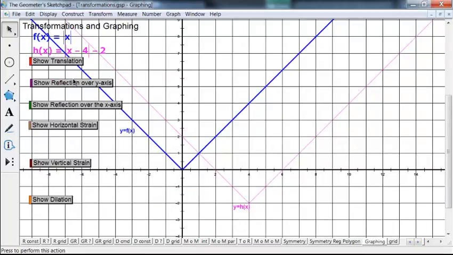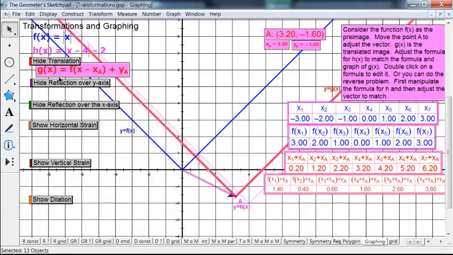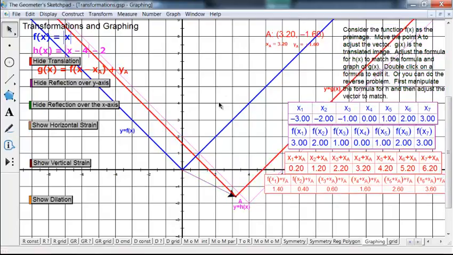Okay, there's a translation. We can put a formula in here, and then look at some translations of it. This uses some table features that Sketchpad has.